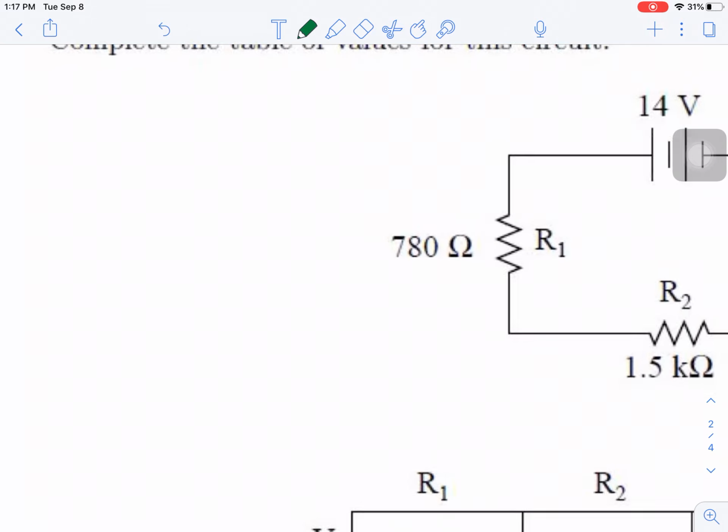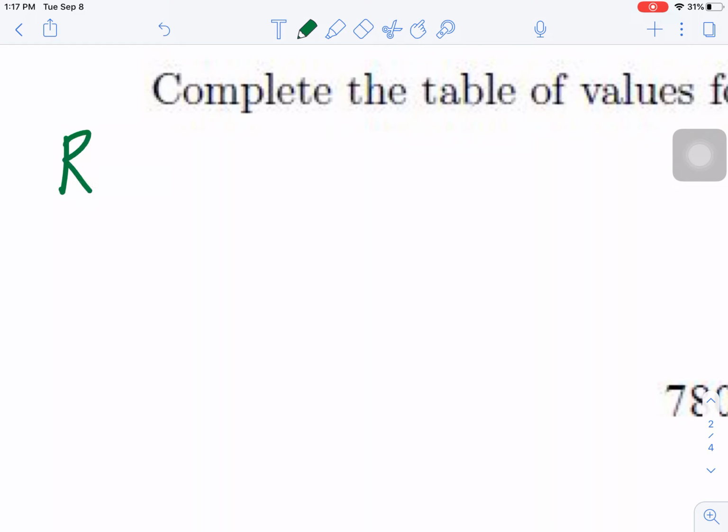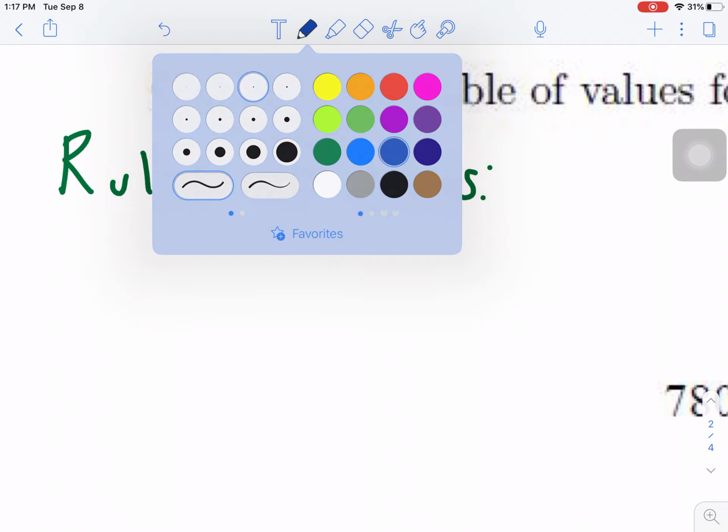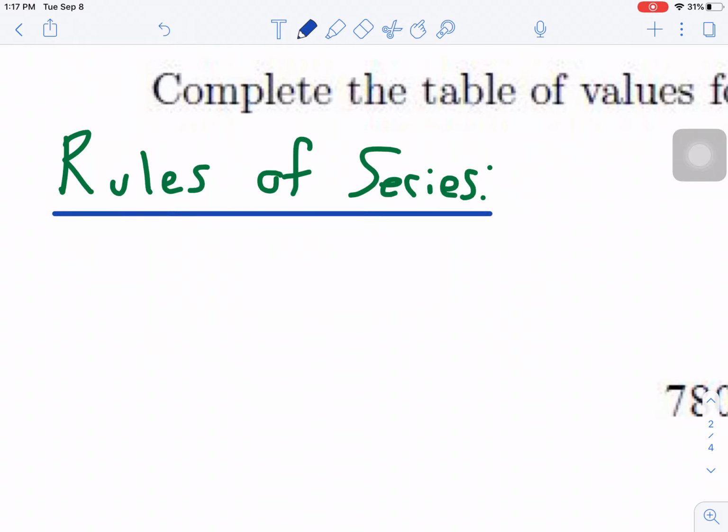And I'm going to list those out here, the rules that govern series circuits. These are unique to series only, but can be used on any series circuit.